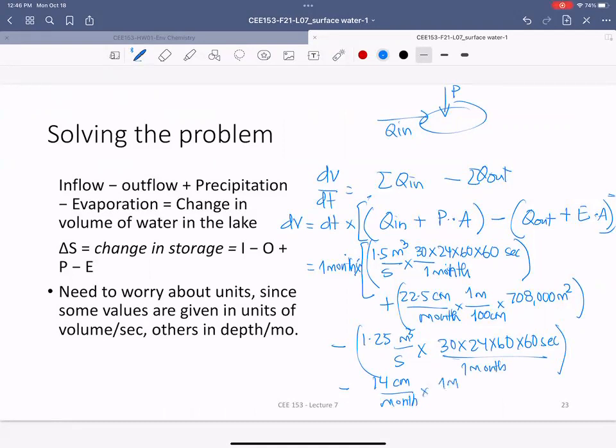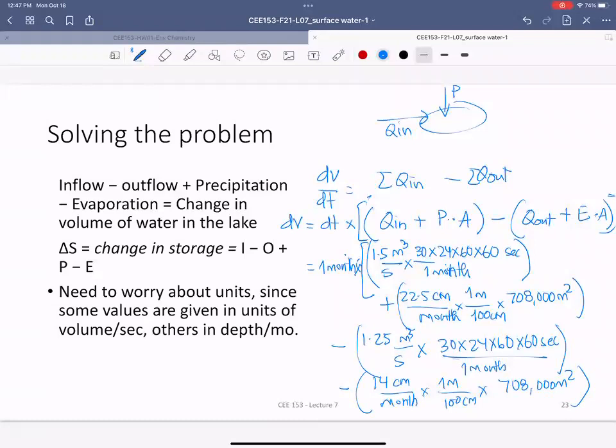Again, same thing, 1 meter is 100 centimeter times 70800 meters square. So if you put that value, you get the volume, amount of volume of water that received by the lake.